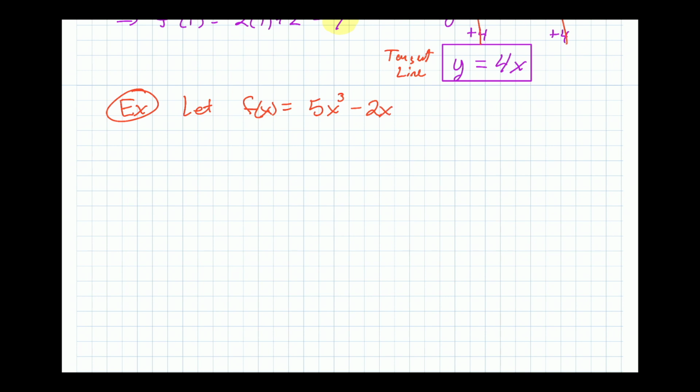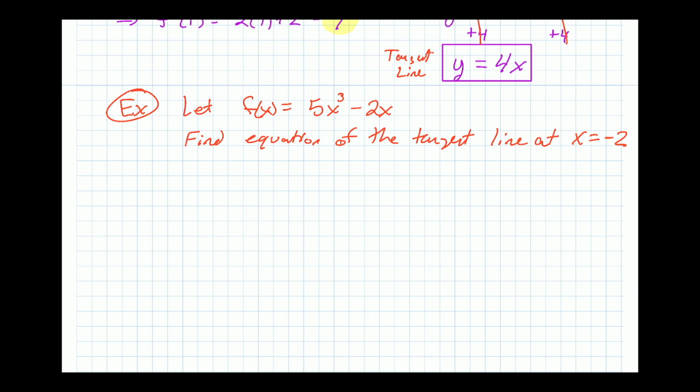And I want the equation of the tangent line at x equals, could be any number. I'm going to pick -2. All right.